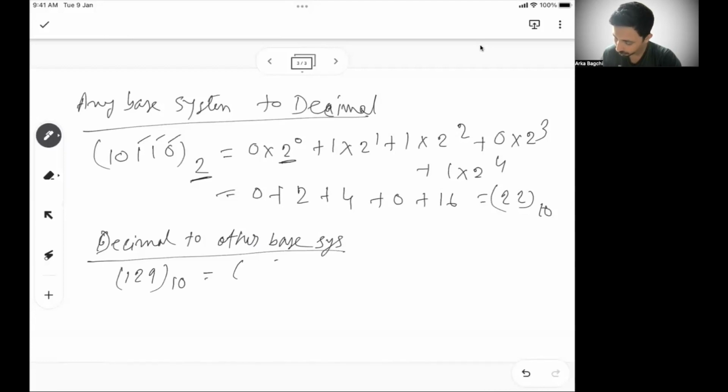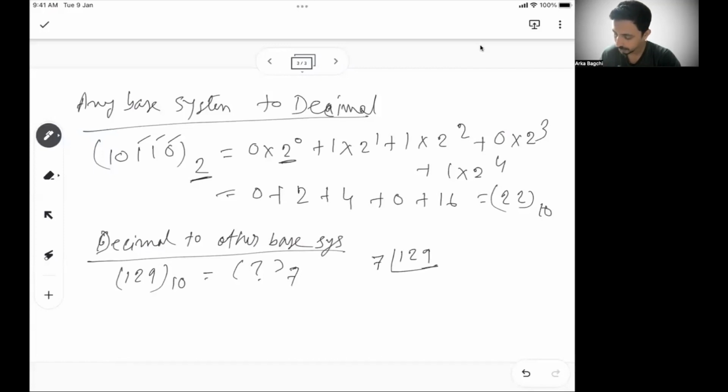Can you tell me what is it in base 7? So this is the other way. From any base system to decimal we have seen. From decimal to any other base system is what we are going to see now. So the idea here is, since we are doing multiplication and addition there, here we'll do division. So if 7 is my base, I'll start dividing 129 by 7.